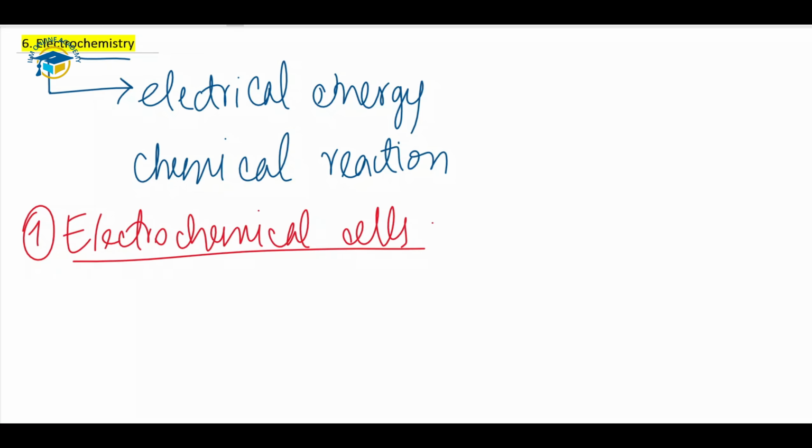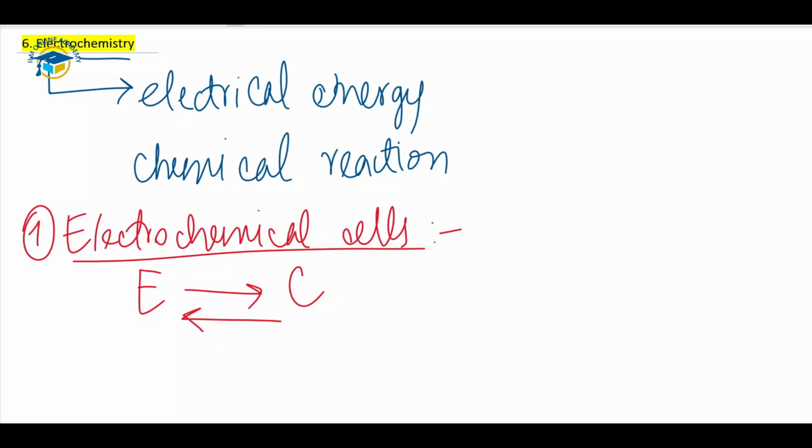These are devices that convert chemical energy into electrical energy, and also vice versa. The opposite can also happen: electrical energy is converted into chemical energy, and chemical energy is converted back into electrical energy. This is the most important feature of the electrochemical cell.